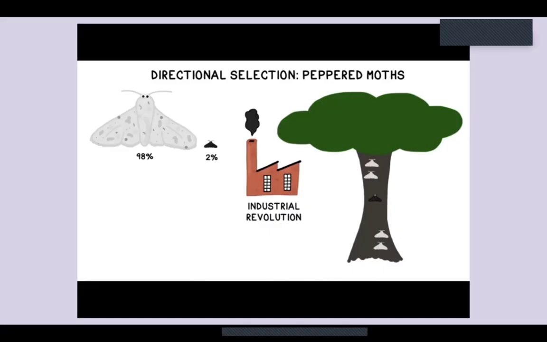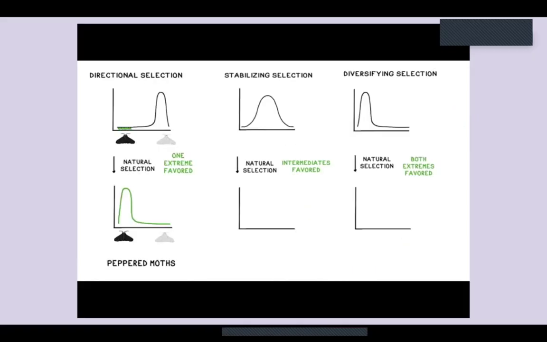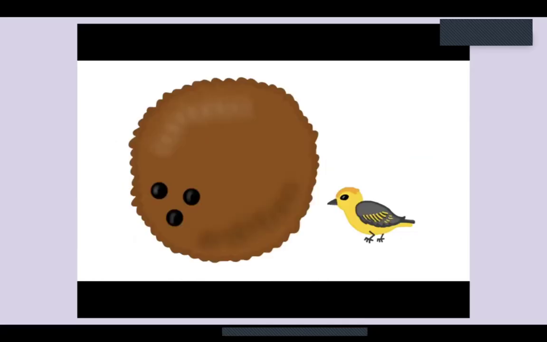With the new darker habitat, predators could easily spot the light-colored moths, and any moths born with the dark color mutation were much more likely to survive long enough to reproduce. Over time, the population shifted from nearly all light-colored moths to nearly all dark moths. Other examples of directional selection include Darwin's famous population of finches, who were more likely to survive if their beaks were better suited to the food that was most readily available.